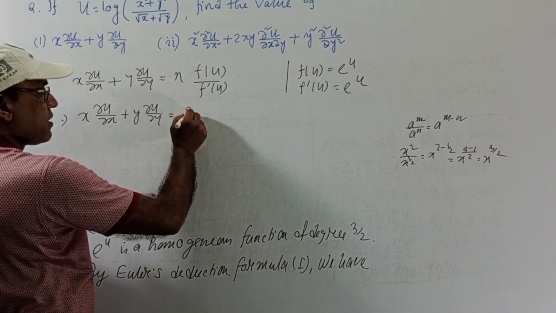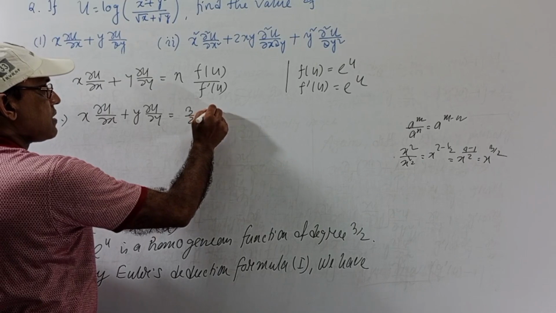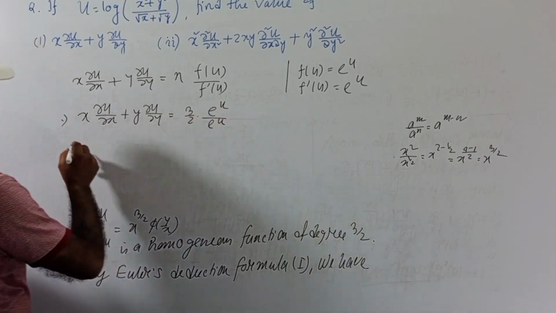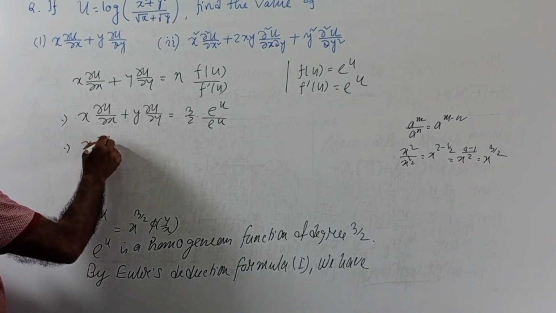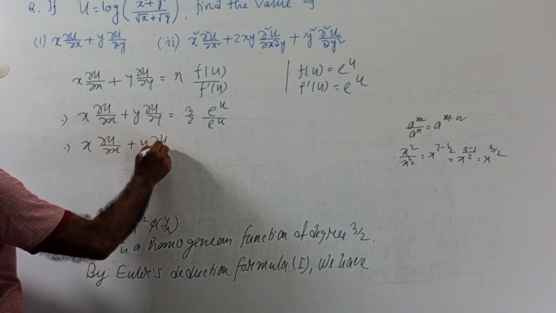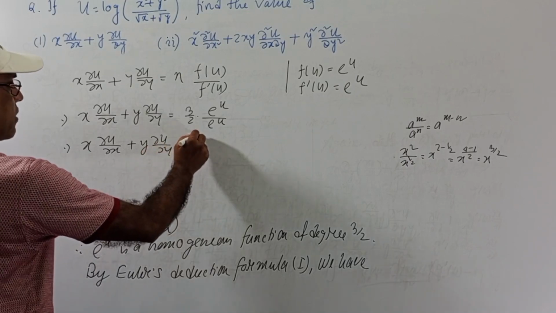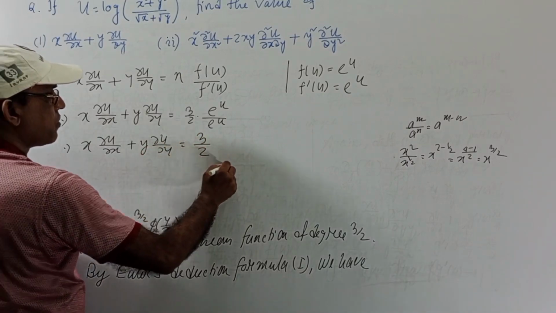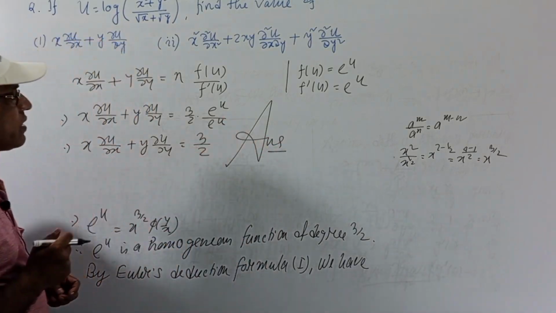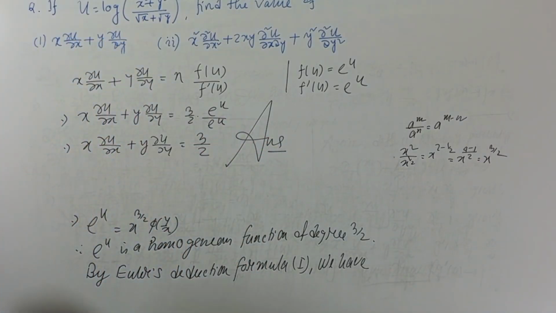Degree means 3 by 2, and this is e to the power u by e to the power u. This implies x del u del x plus y del u del y equal to 3 by 2. First answer we get.